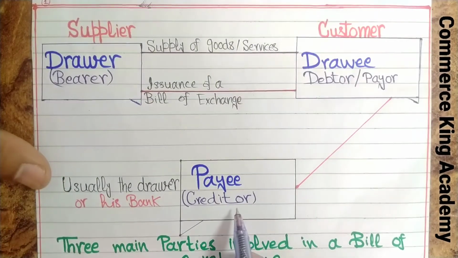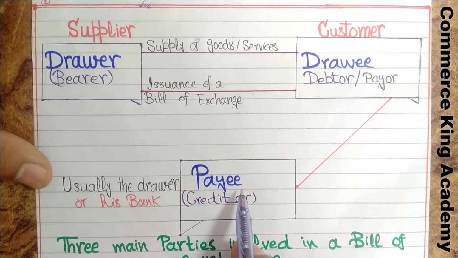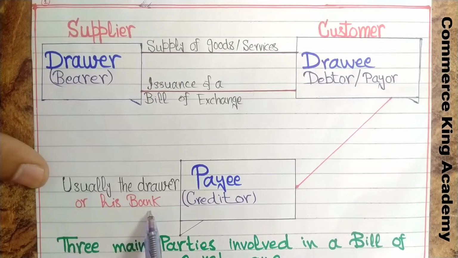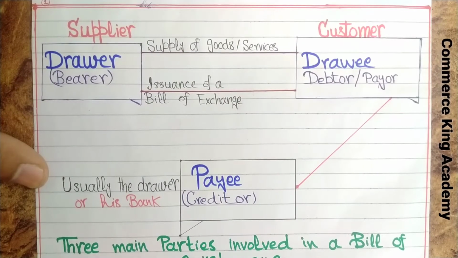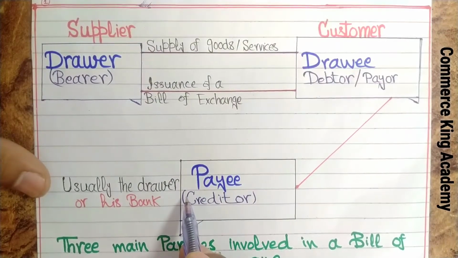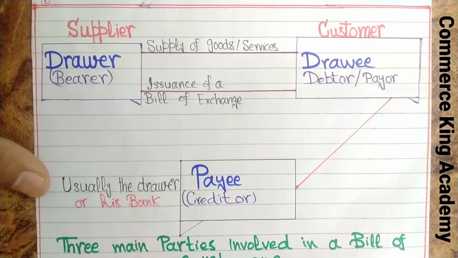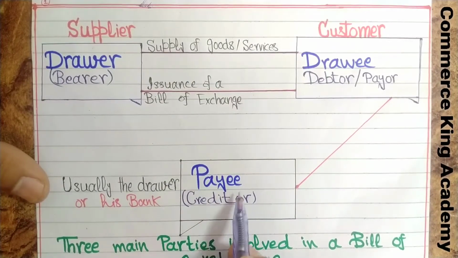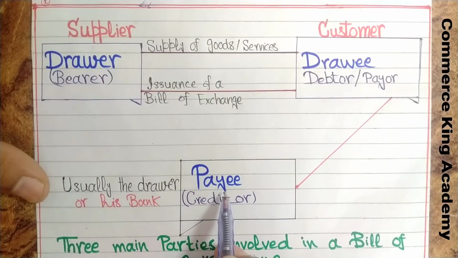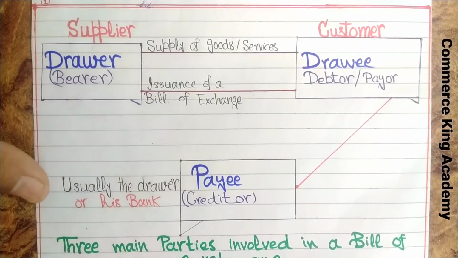The second condition in the context of the payee is that it will be a bank, because sometimes the drawer discounts the bill of exchange from a bank. In this case, the payee or receivable will be the bank.